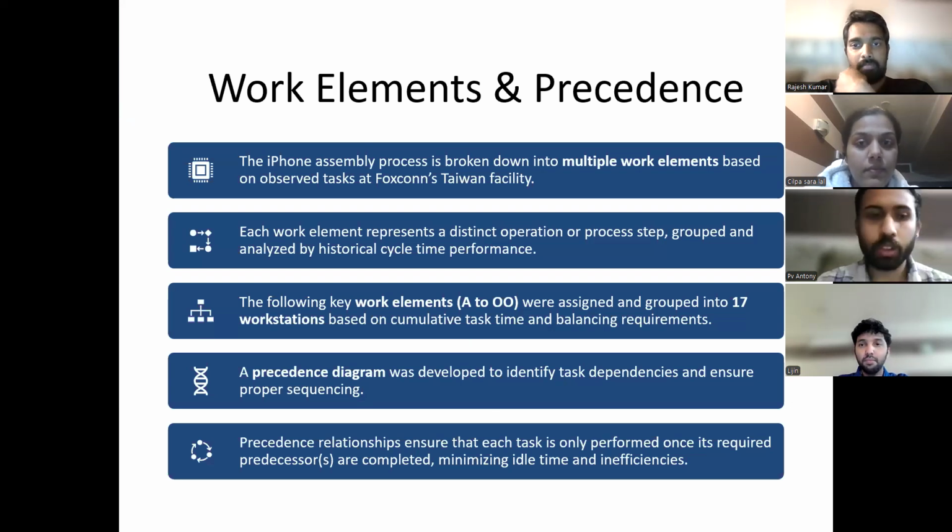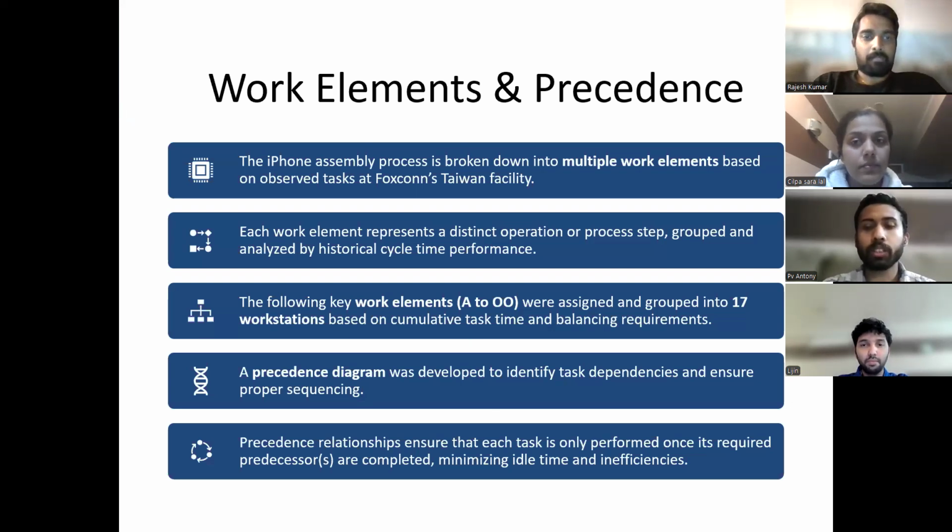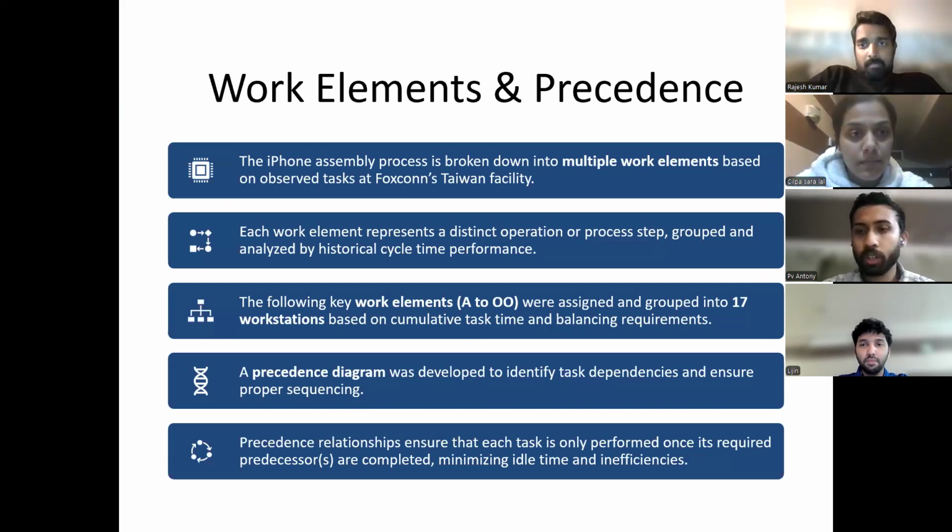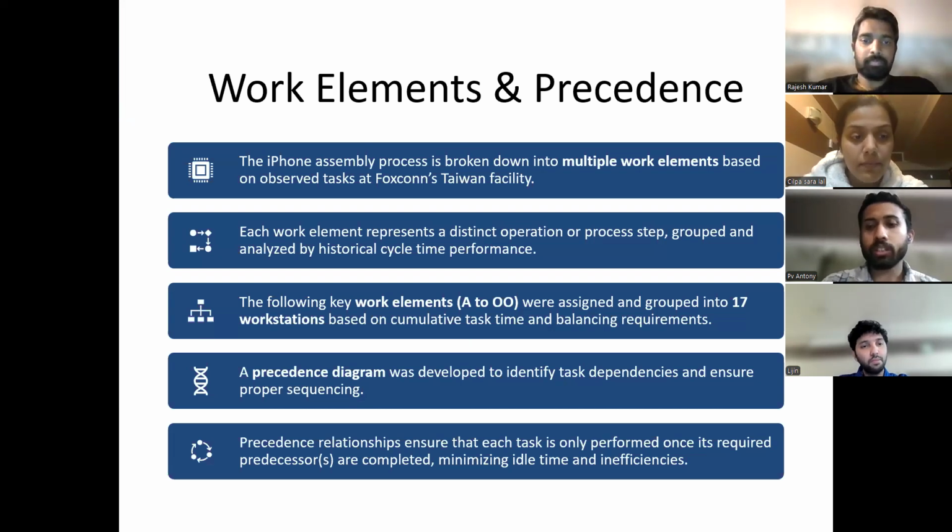This slide provides a detailed overview of the individual work elements involved in iPhone production, including the task description, sequence, and the associated cycle time. Each work element represents a distinct operation or process step, grouped and analyzed by historical cycle time performance.